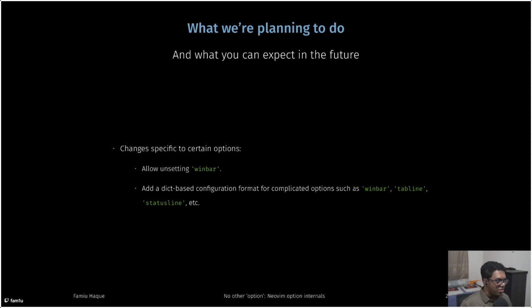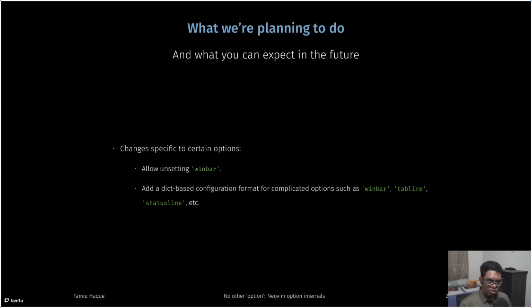Oh gosh. Add a dict-based configuration option format for complicated options such as winbar, tabline, and statusline. The syntax for statusline is annoying to deal with, and it's basically an entire string.